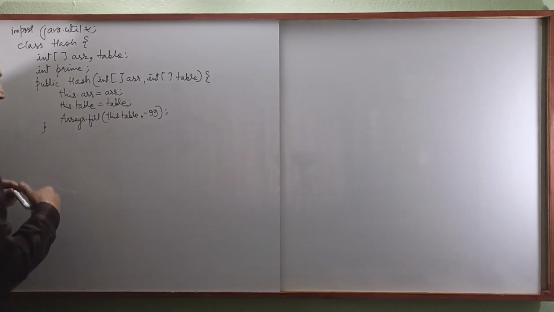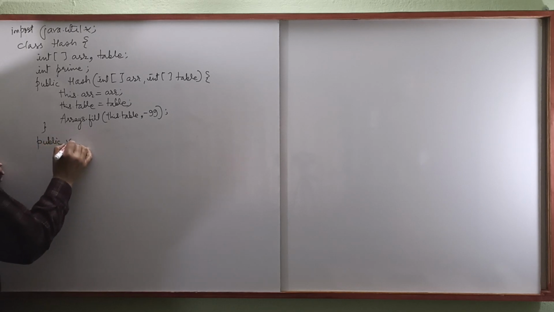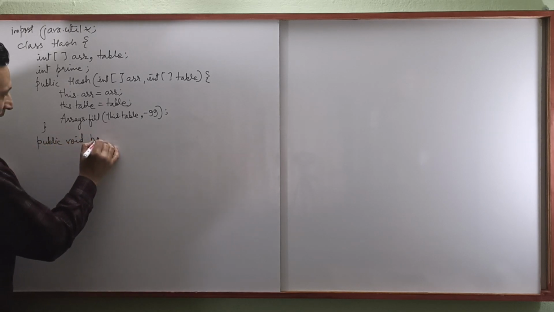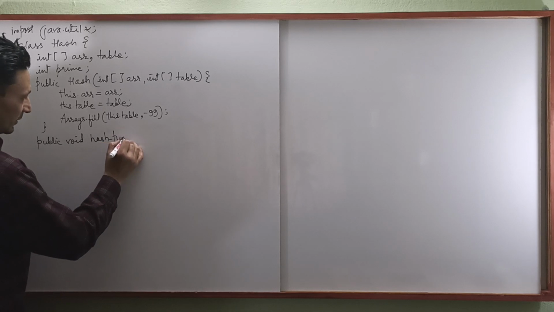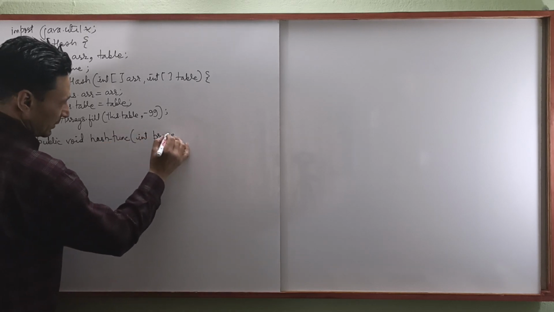Okay, now let's write the hash function, public void hashFunc. Provide a divisor here, the prime number.